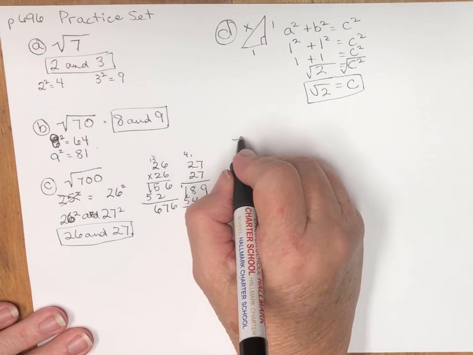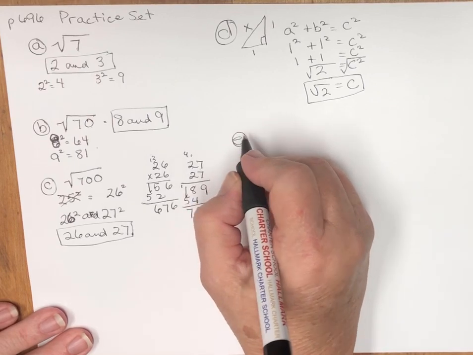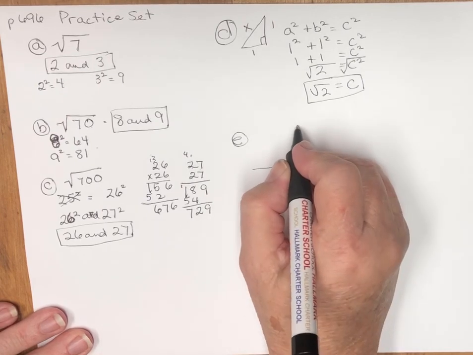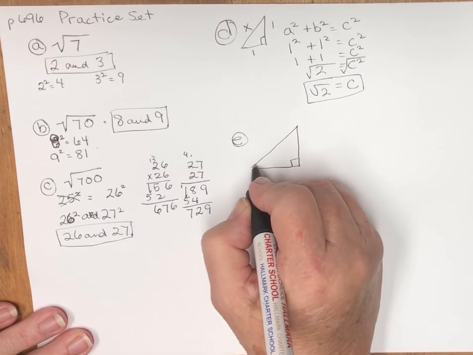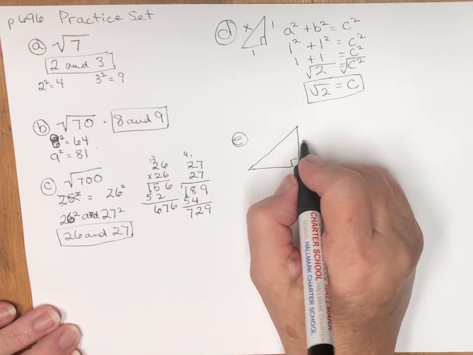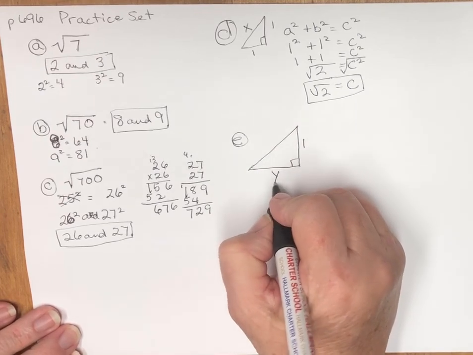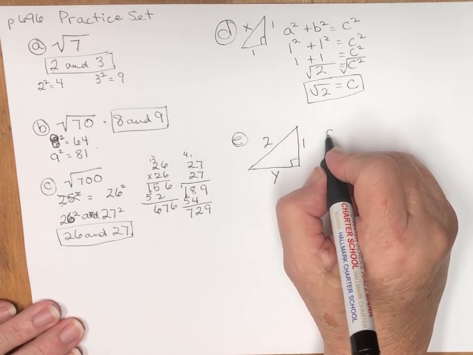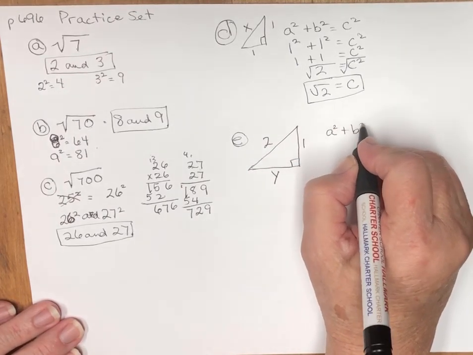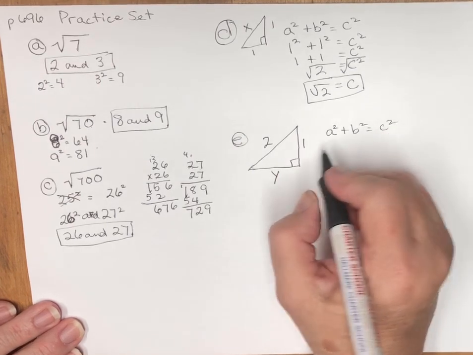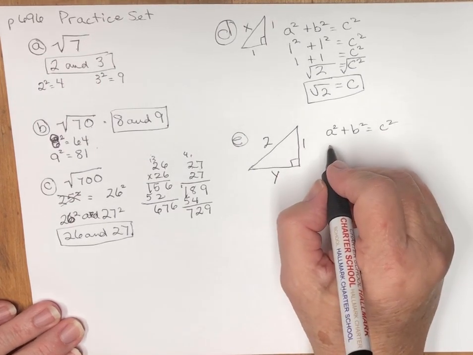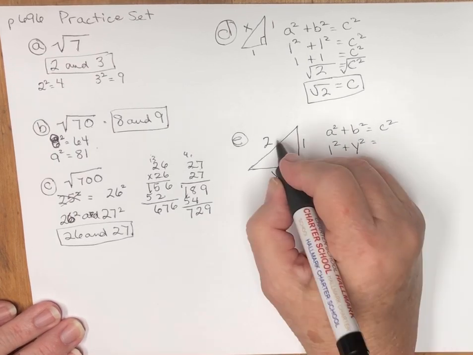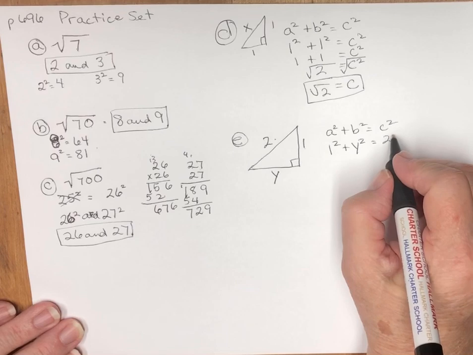Now they want us to find y on this particular one. We again have a right triangle. You can tell because there's a box in the corner. We have a 1 on one side, a y on the other side, and a 2 for the hypotenuse. So we know that a squared plus b squared equals c squared. So 1 squared plus y squared equals 2 squared.